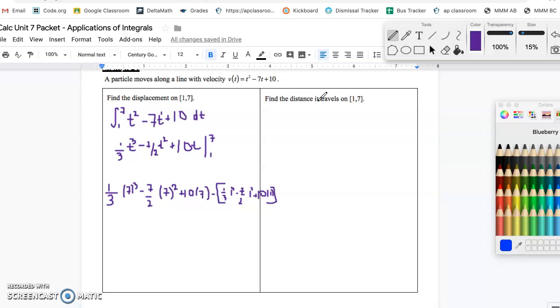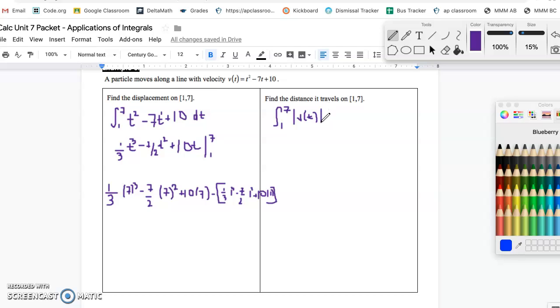Now, for the distance the particle travels, it gets a little bit complicated, because the first thing we have to do is say the integral from 1 to 7 of the absolute value of v of t.